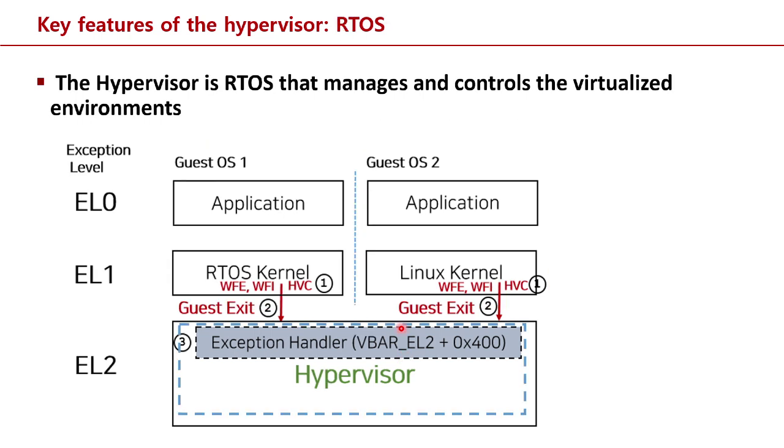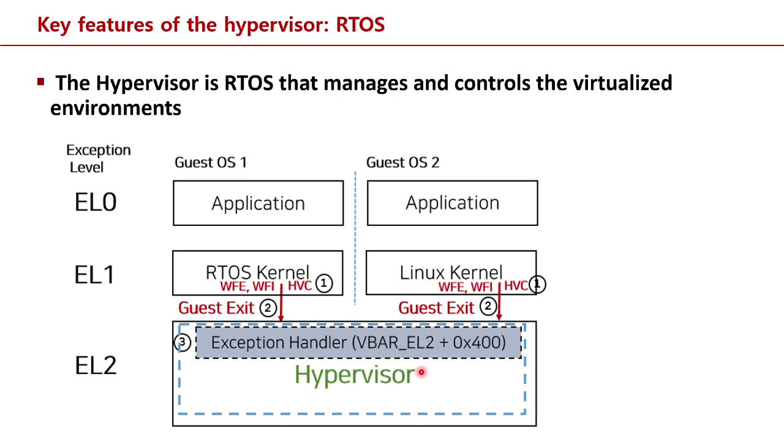Another important feature of the hypervisor is the real-time operating system. If you review the Xen hypervisor, you're going to see a particular thread or task that is scheduled just like a task is scheduled in the Linux kernel. And you're going to see another operation in the hypervisor at the software level.